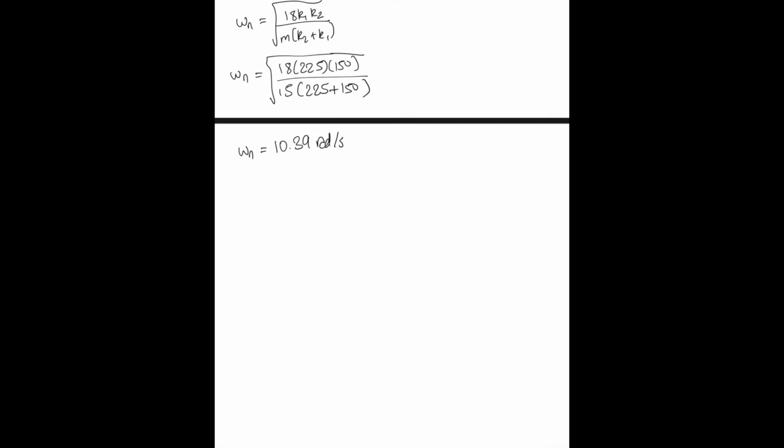We just need to put it under the square root and plug in our known values to get omega n, or the natural circular frequency, equal to 10.39 radians per second.